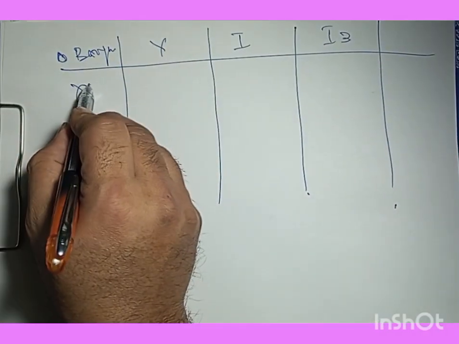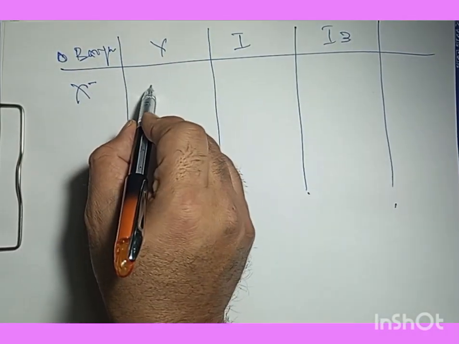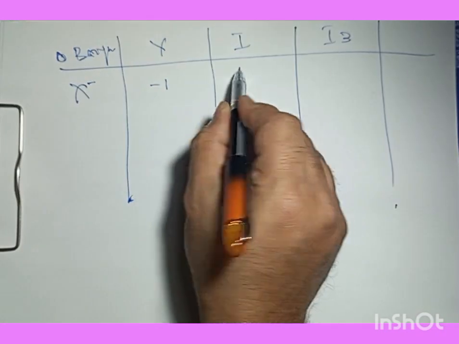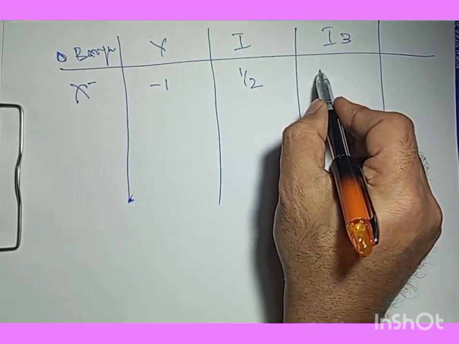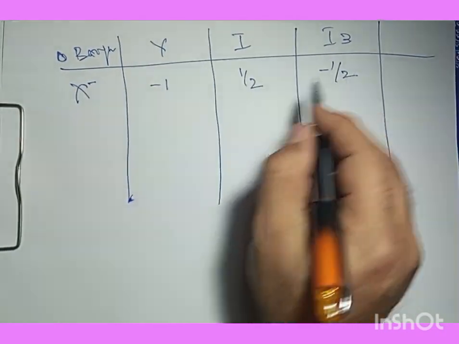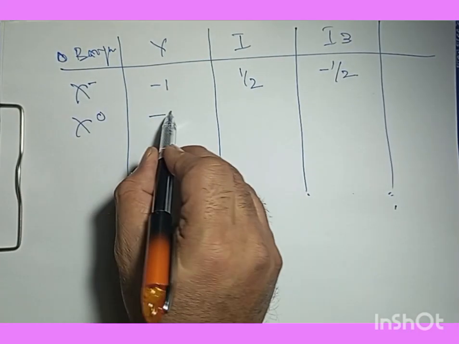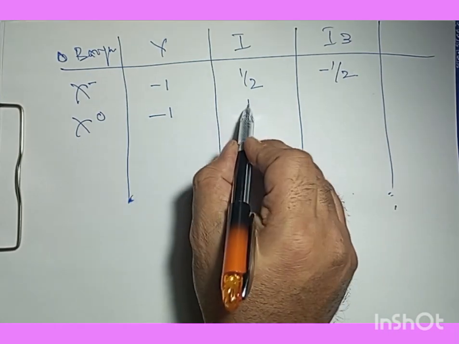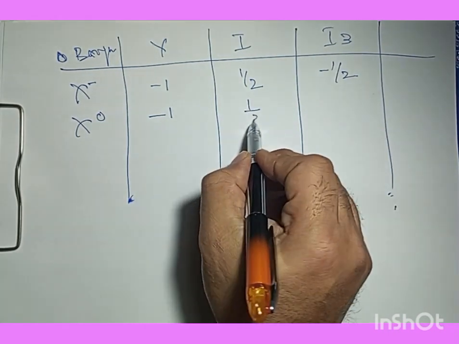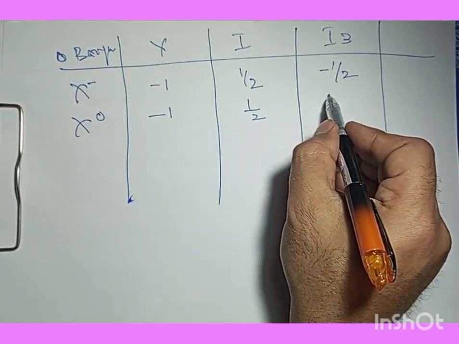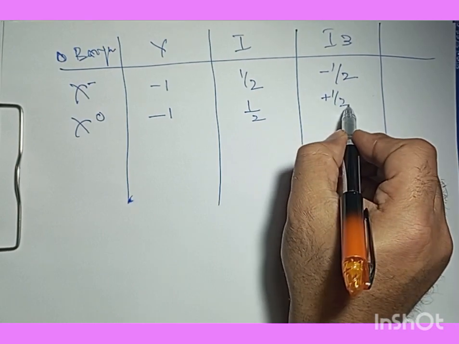If we take xi negative, its hypercharge is -1, its isospin is 1/2, and its third component is -1/2.